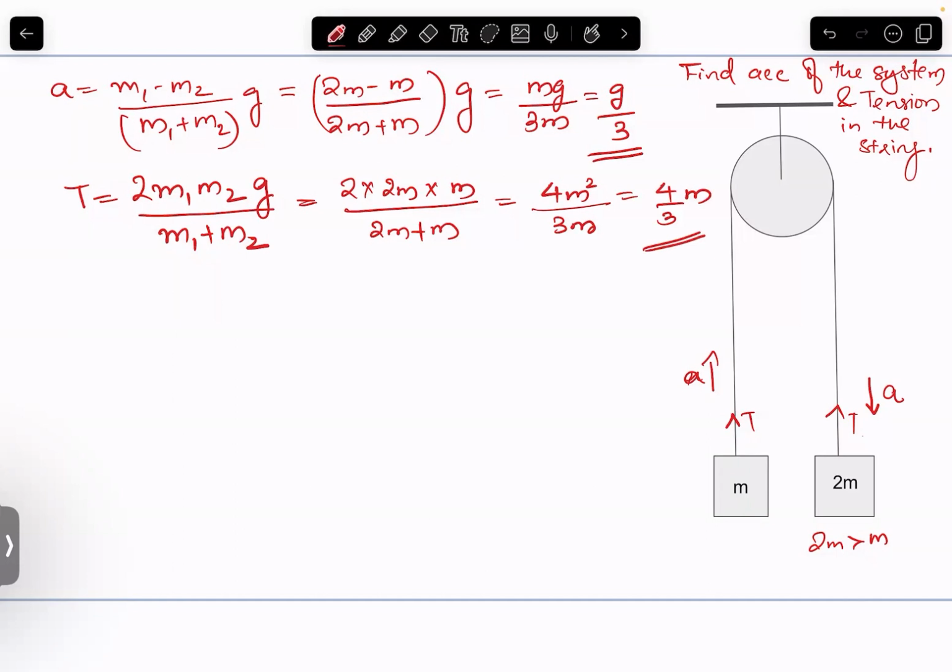Sorry, a g is also here, so it now becomes 4 by 3 mg newtons. So that is how you find the tension in the string.